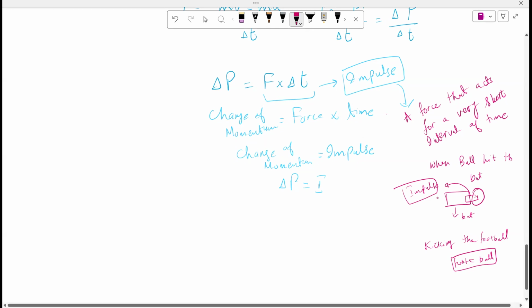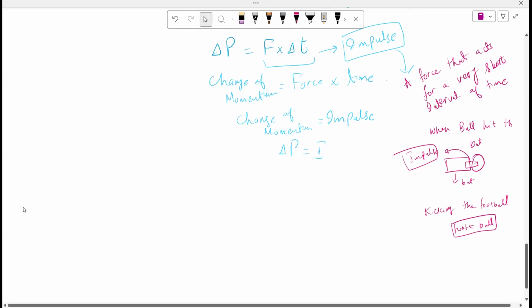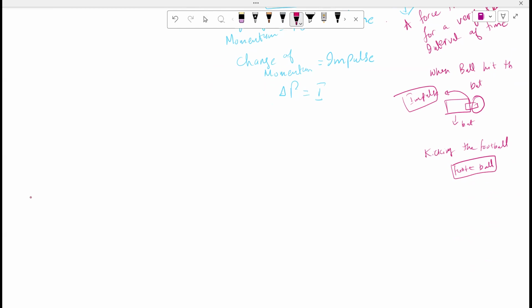Okay. So far, the equations that we have done are momentum, which is P equals mv; F equals ma; F equals mv minus mu over t; and F cross t equals mv minus mu.